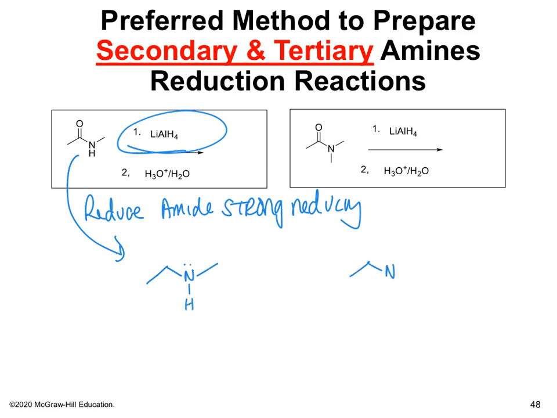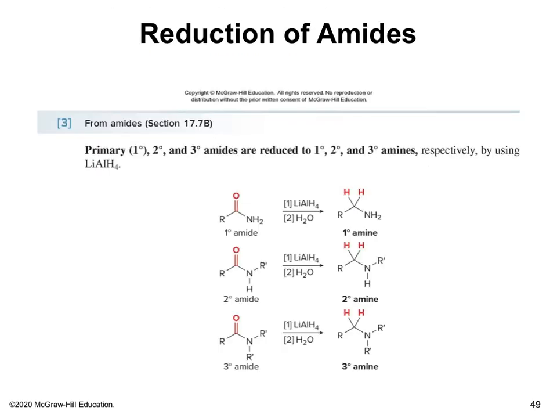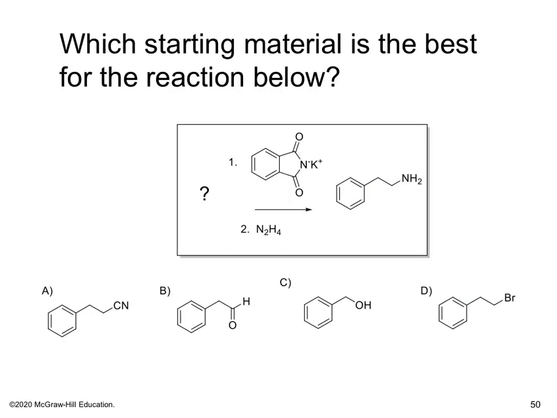This one here will make a tertiary amine. And so what you're seeing here is a primary amide, primary amine, secondary amide, secondary amine, tertiary amide, tertiary amine with lithium aluminum hydride.